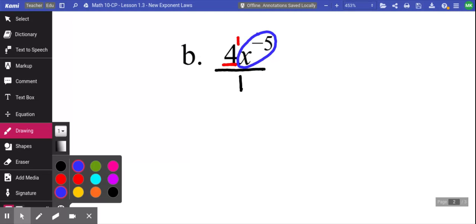That negative power has to move. Any power that's positive does not move. So the 4 to the power of 1 will stay on top of your fraction. The x to the negative 5 will move to the other side of the fraction. Turning this into 4 to the power of 1 on top, divided by x to the power of 5 on the bottom.